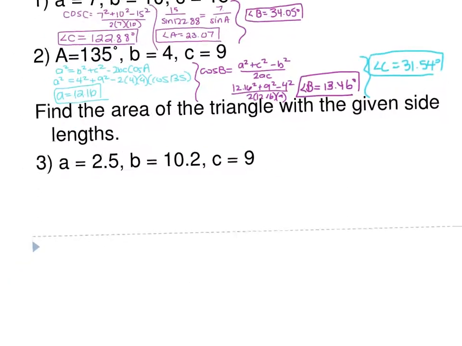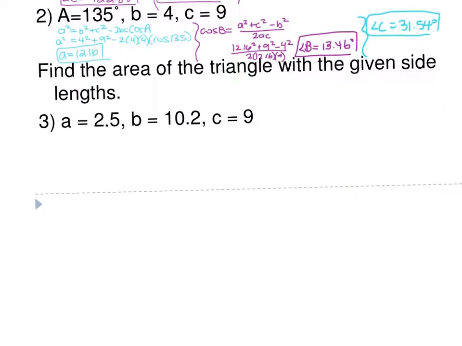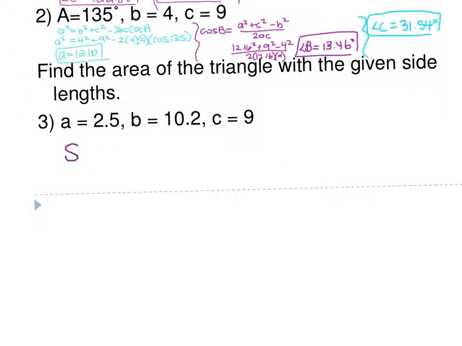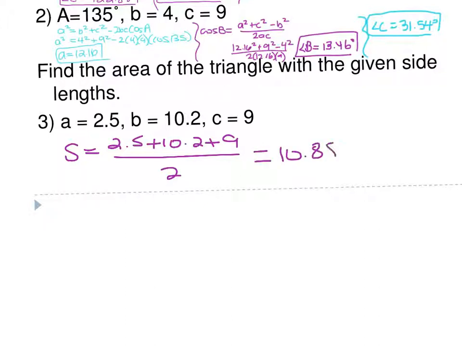All right, and then the last one in here is the area. So the area of the triangle with the given side lengths. I know I have to first find S, which is 2.5 plus 10.2 plus 9 over 2. And what are we not going to do with S? Round it. Don't round it. Okay. This time it's not that many, it's like 10.85. But if it was a third digit, I would keep it.